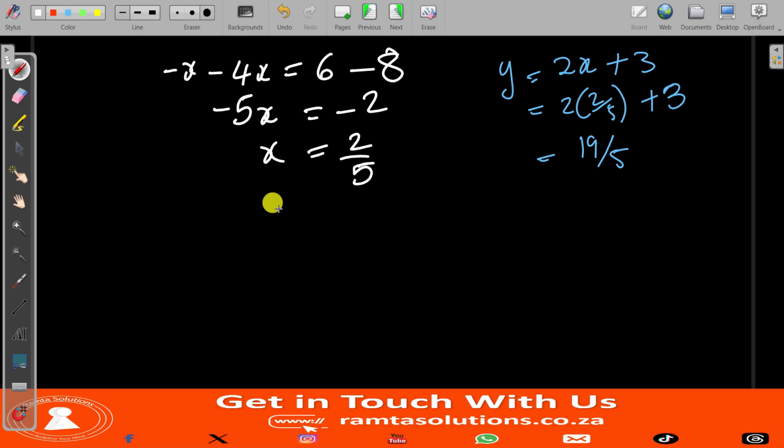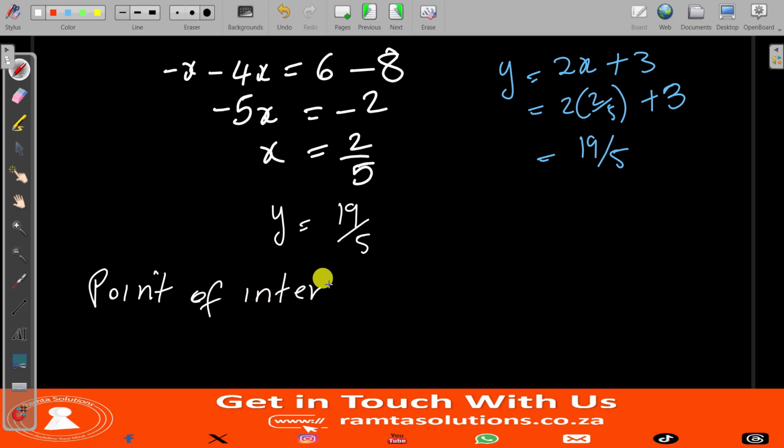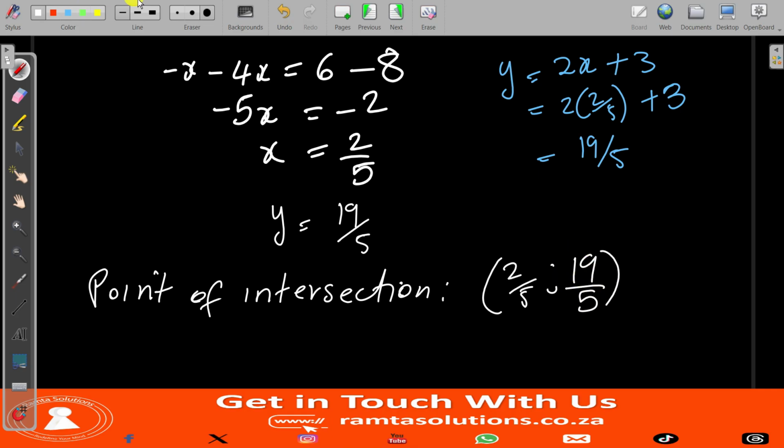Okay. So therefore, y equals 19 over 5. So point of intersection is 2 over 5 and 19 over 5, isn't it? So this is the midpoint of the original point and the image.